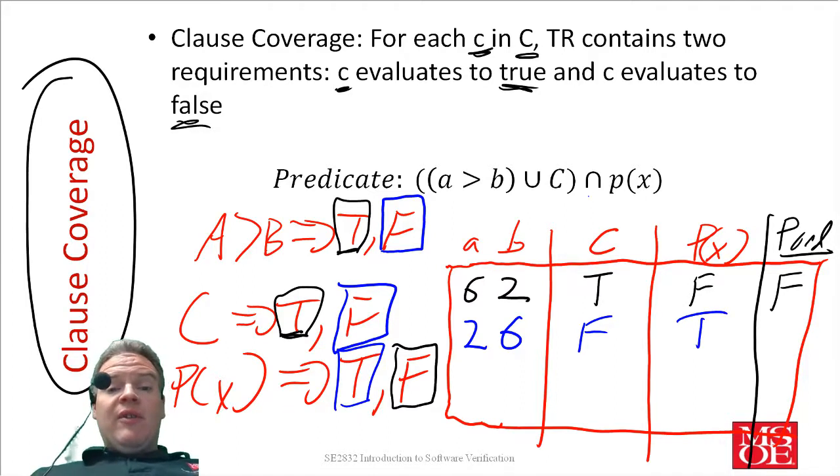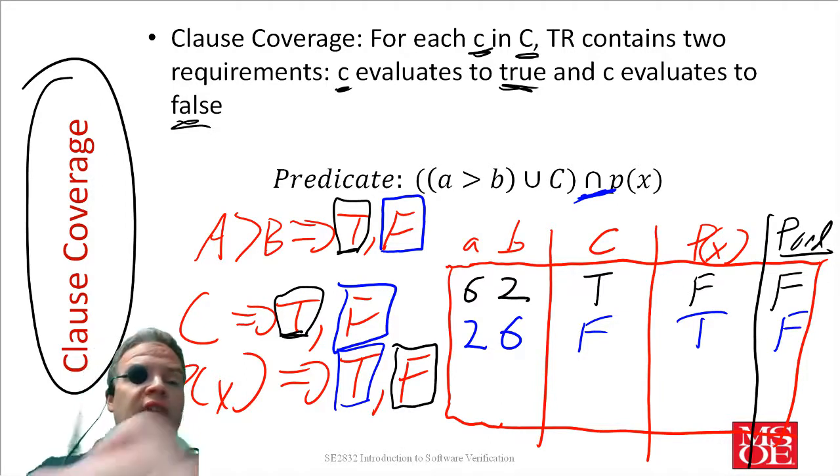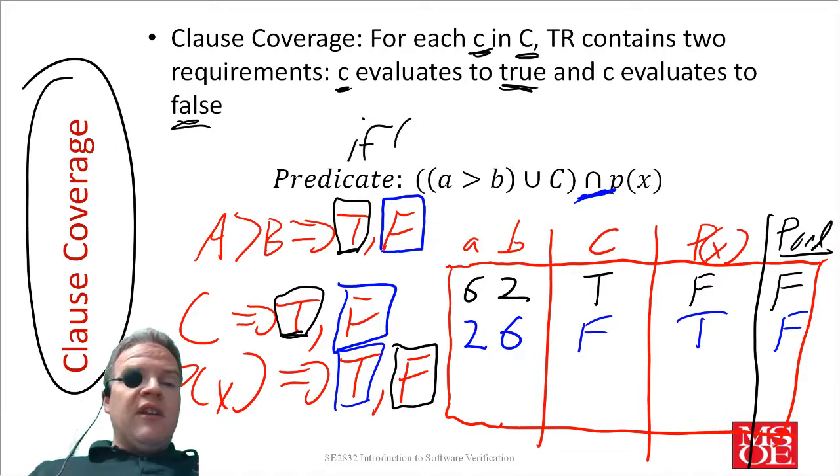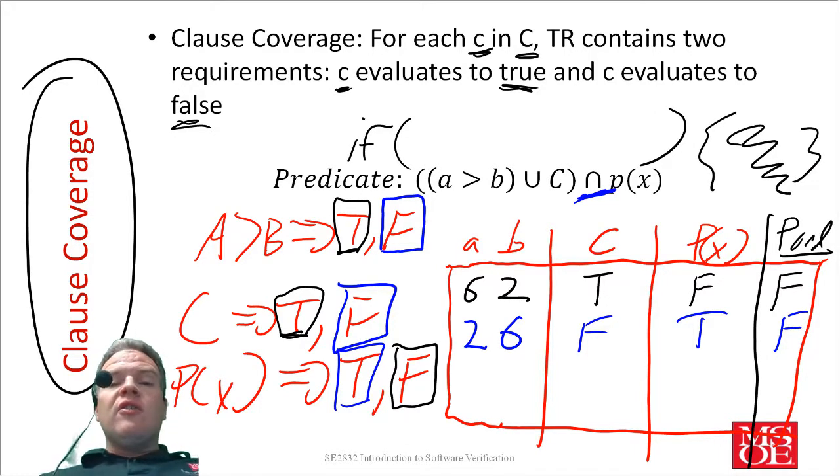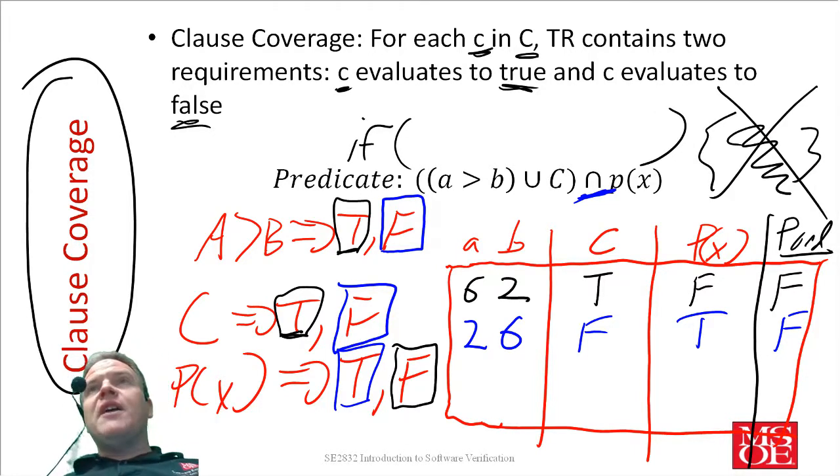But if you think about it with this AND operator that we have right here, the whole predicate is still false. So again, if this was an if statement, the code in here would not be executed based on these test cases, even though we have obtained clause coverage in this example, or on the previous example, predicate coverage.